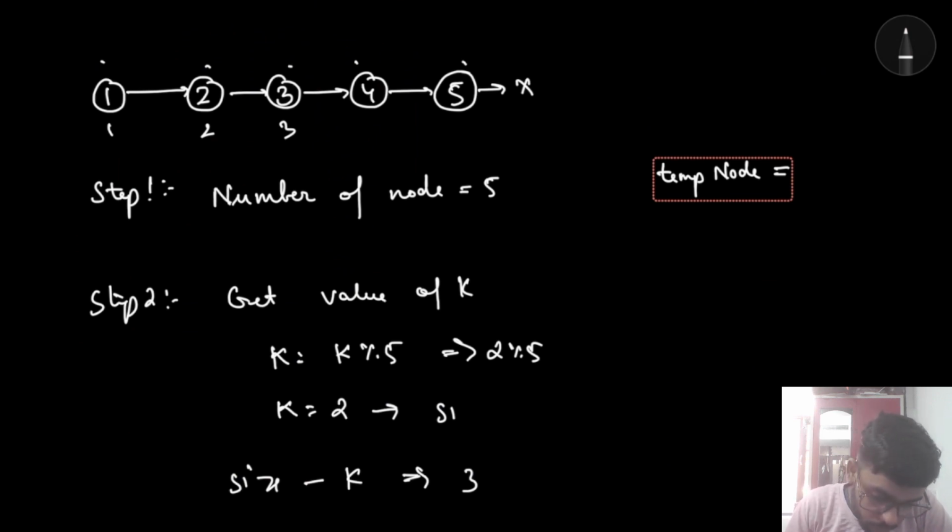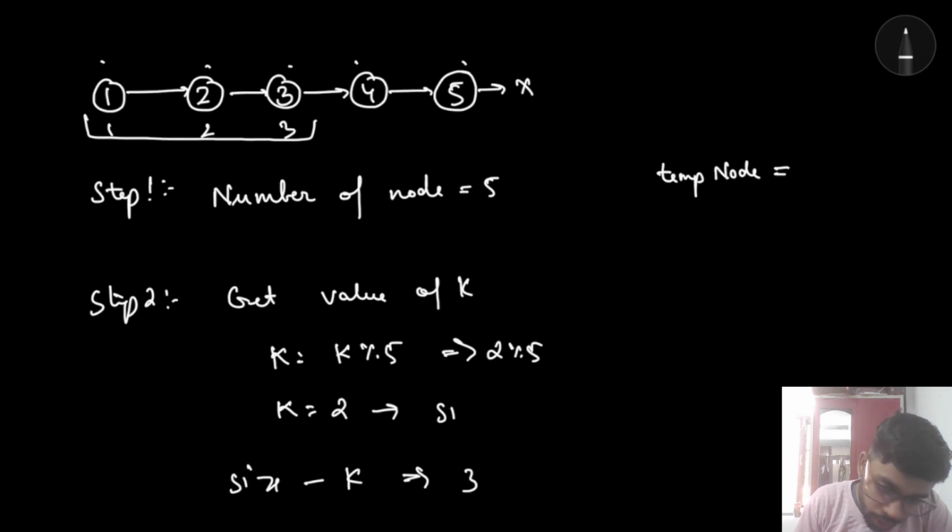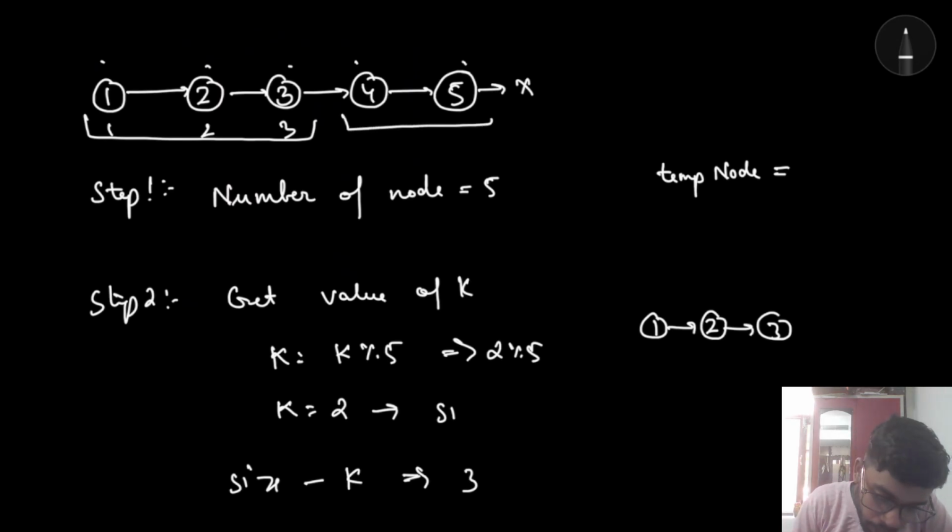What I will do, I will chop this part, so this part will become 1, 2, 3. And I will take this part and attach it to 4, then 5, then it will become reversed.